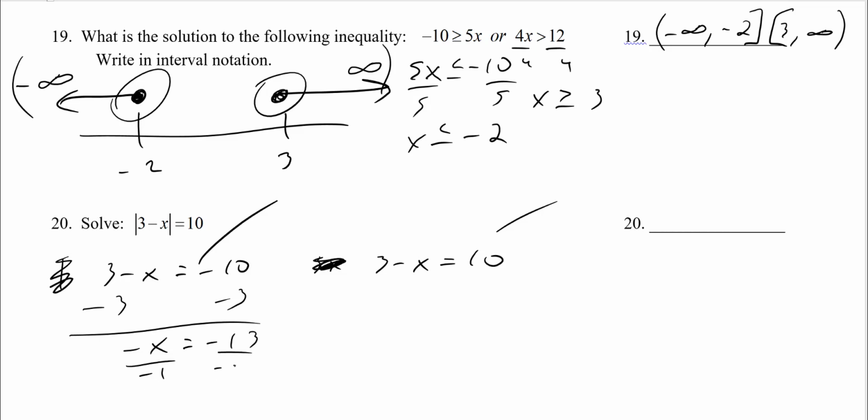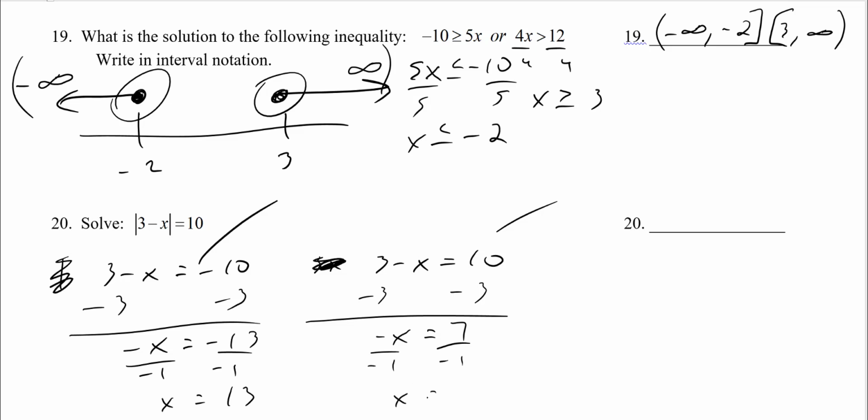Divide by -1. X is 13. And subtract 3 here. So -x equals 7. Divide by -1. X equals -7. So those are your two answers. 13 and -7. Okay.